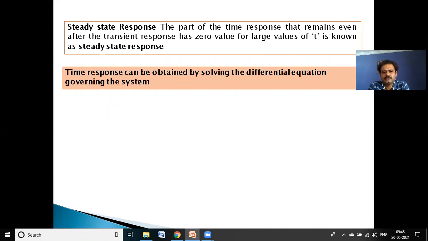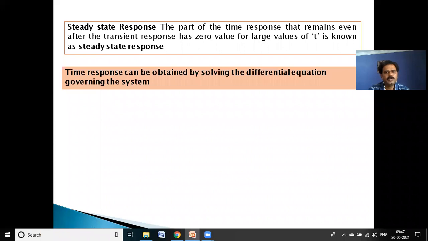Now, how to get this output? We have a mathematical model, that is mathematical equations in differential equation form. Directly by solving those differential equations, you will get the response output c(t). That is one way of getting it.